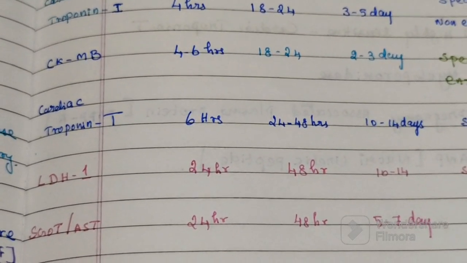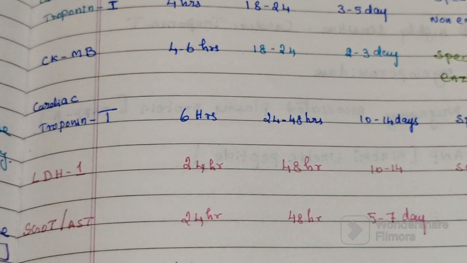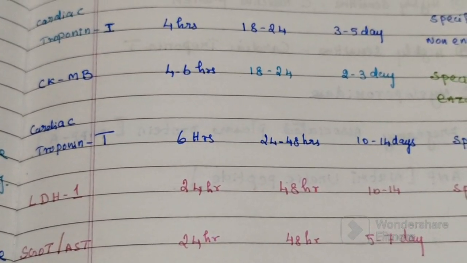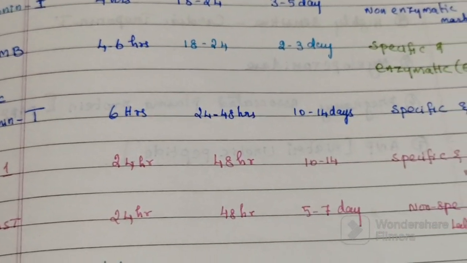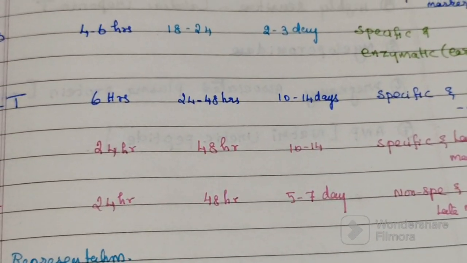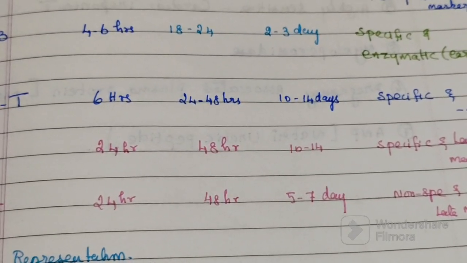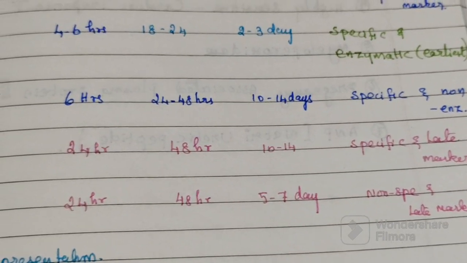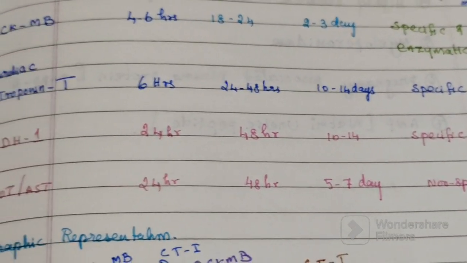It starts rising 24 hours after the onset of pain, peaks in 48 hours, and returns to normal in 10 to 14 days. It is specific but a late marker for diagnosis of myocardial infarction.